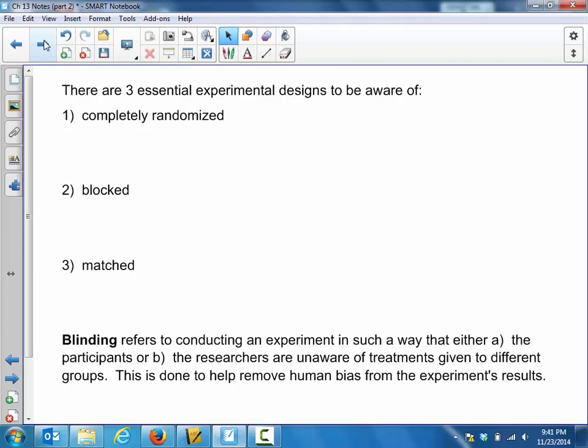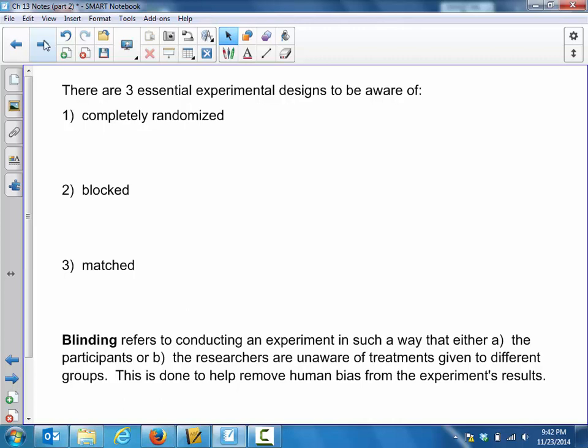Okay, so you can have single blinding, which would be either the people conducting are assigning treatments without knowing which treatment they're giving the participants, or single blinding could also be the participants are not aware of the treatment they're being given, or you can double blind, which is even more powerful, and that has both the people conducting the experiment not knowing what treatment they're giving, and the participants not knowing what treatment they're getting.